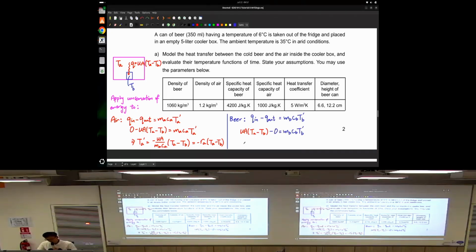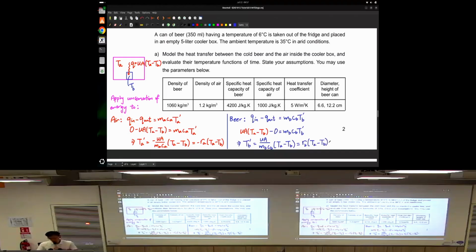So therefore, you get the corresponding coupled ODE, which is TB prime equals to minus, or in this case, positive, UA over MB CB times (TA minus TB). So which is RB, right? You can call it RB times (TA minus TB).